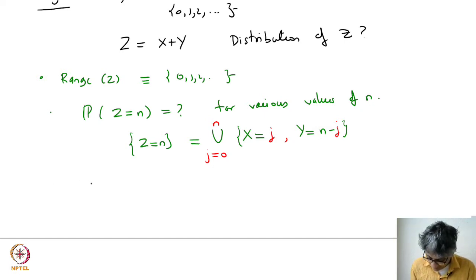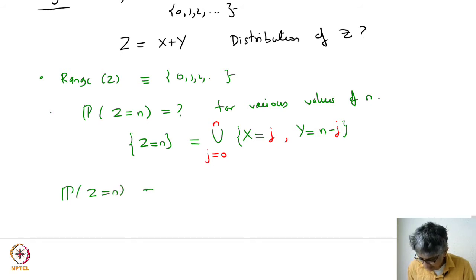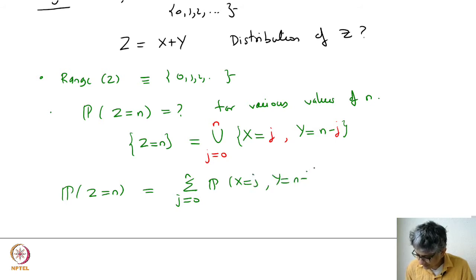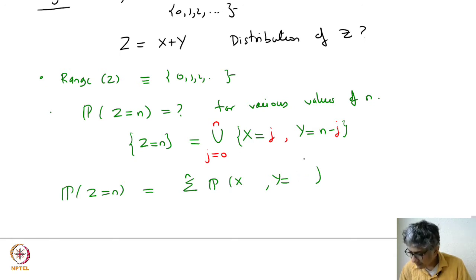So then you can use the axioms of probability to show that the chance that z is equal to n is the same as, they're all disjoint events, the summation j equal to 0 to n of the chance that x is equal to j and y is equal to n minus j.